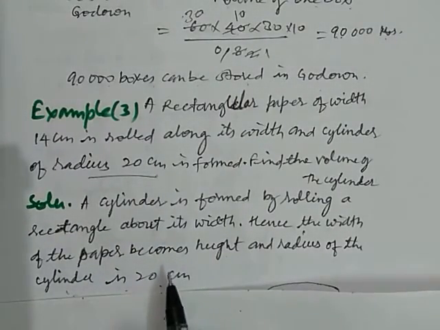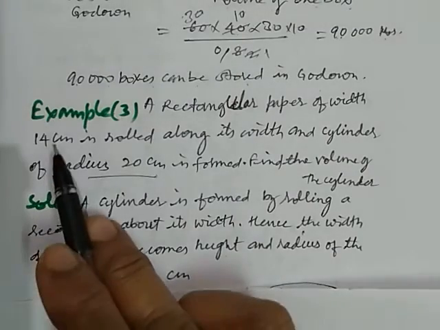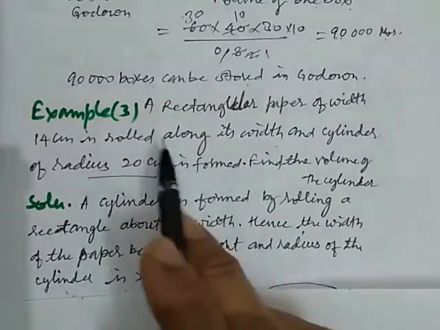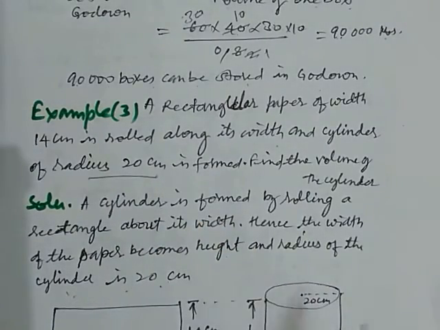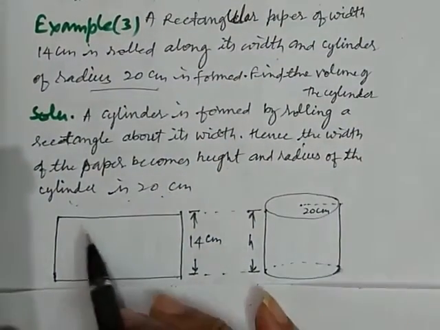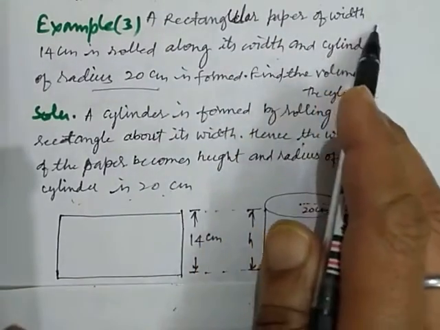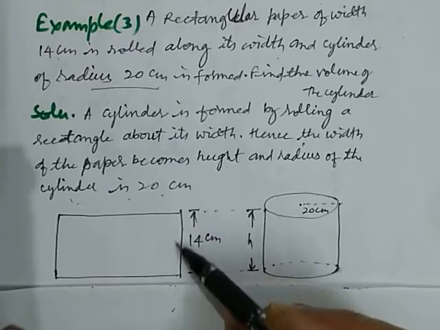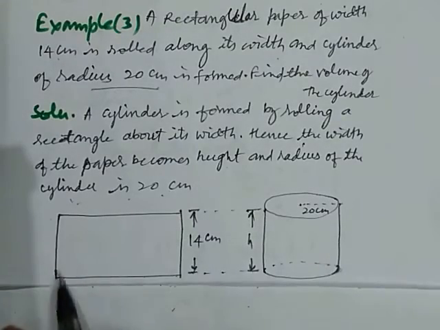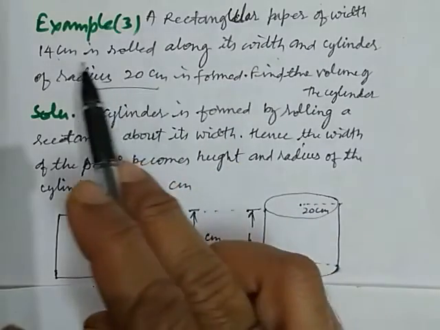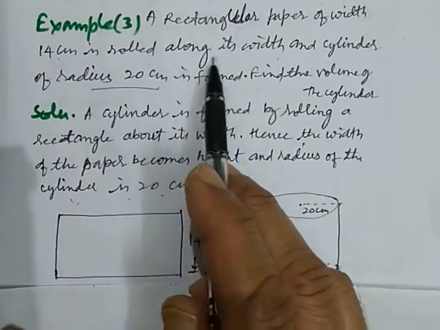But first we learn how this 14 centimeter plays its role. Here is the rectangular paper of width 14 centimeter. This is the width of the paper, and this is the rectangular paper. Now we have provided that it is rolled along its width.